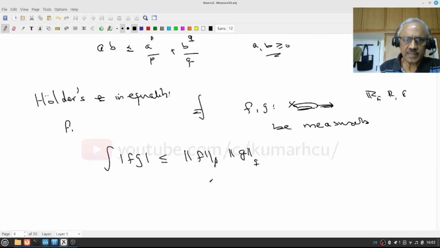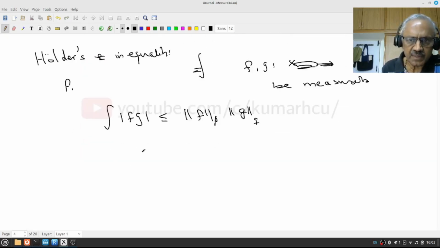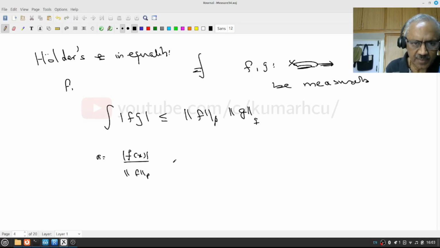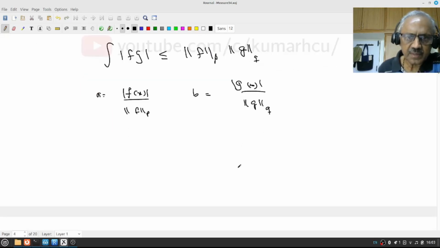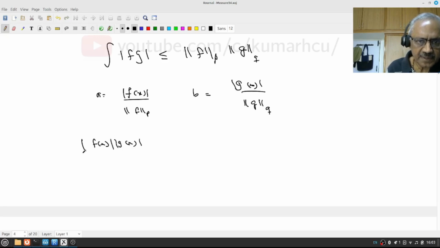This we proved by integrating. How did we do that? We looked at A to be mod f(x) by the LP norm of f, because it has to be positive, and B to be mod g(x) by the LQ norm of g. Therefore, AB will be mod f(x) into mod g(x) divided by the LP norm of f into the LQ norm of g.